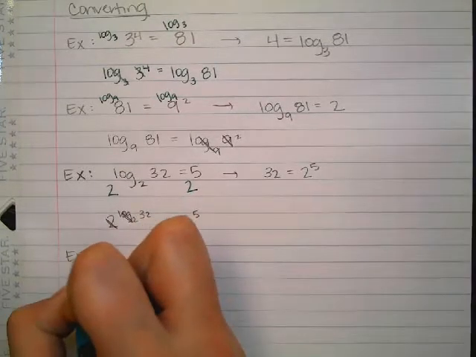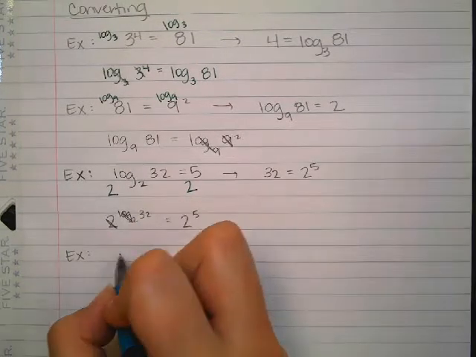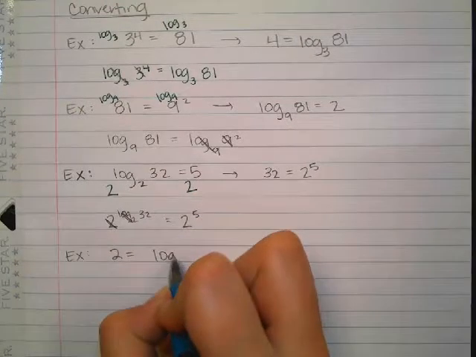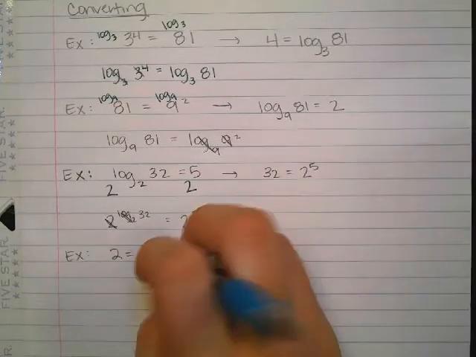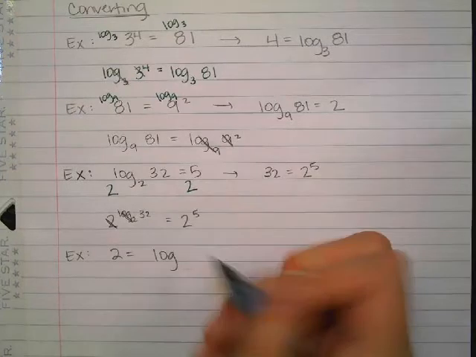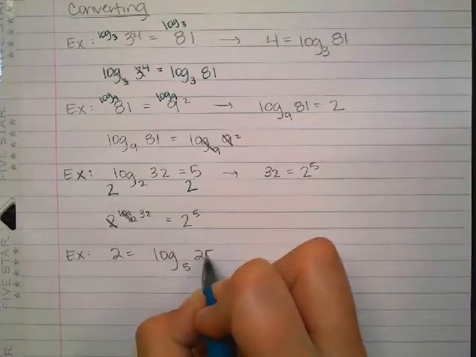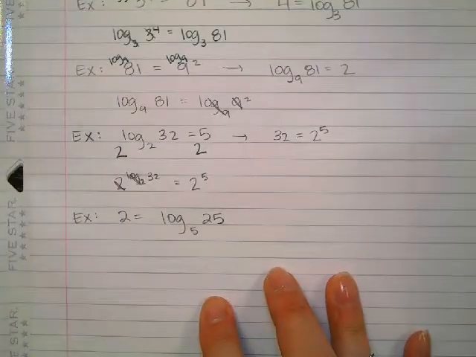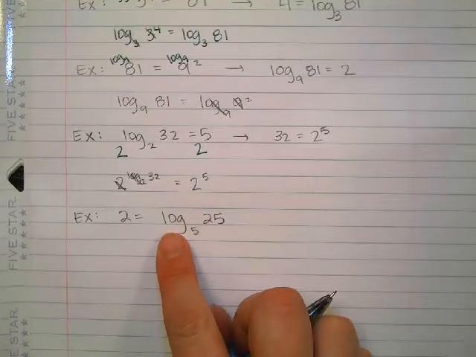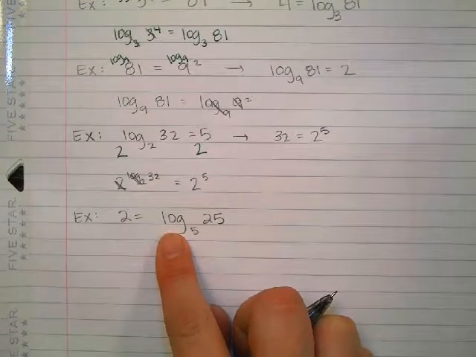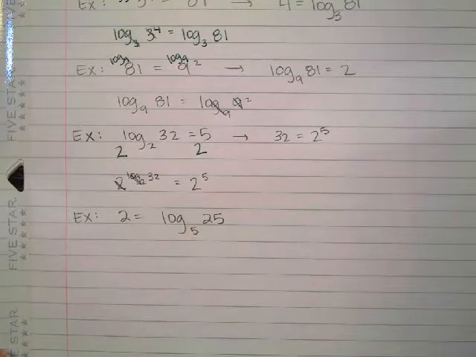All right, and one last example. Let's say we have 2 equals log base 5 of 25. Again, to convert this into an exponential, we want to undo the log, and the log has a base of 5.